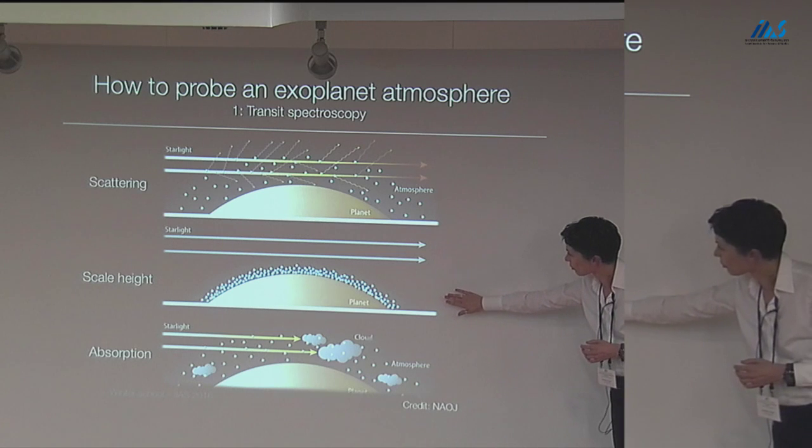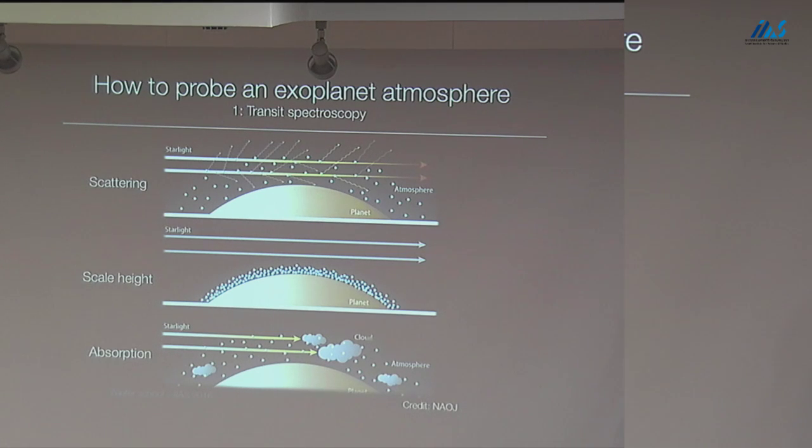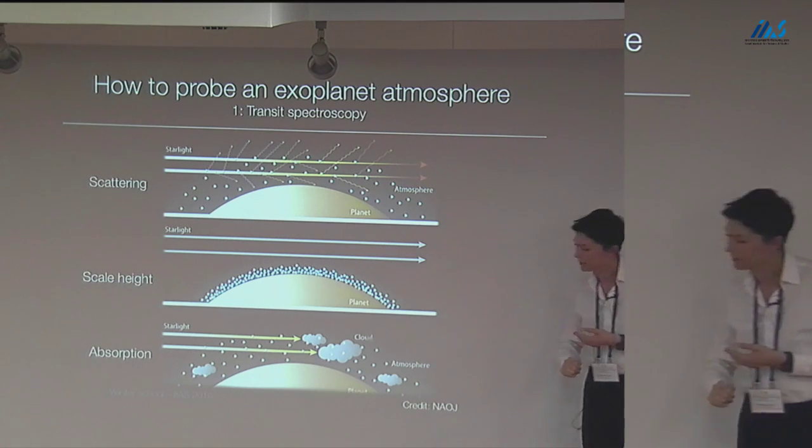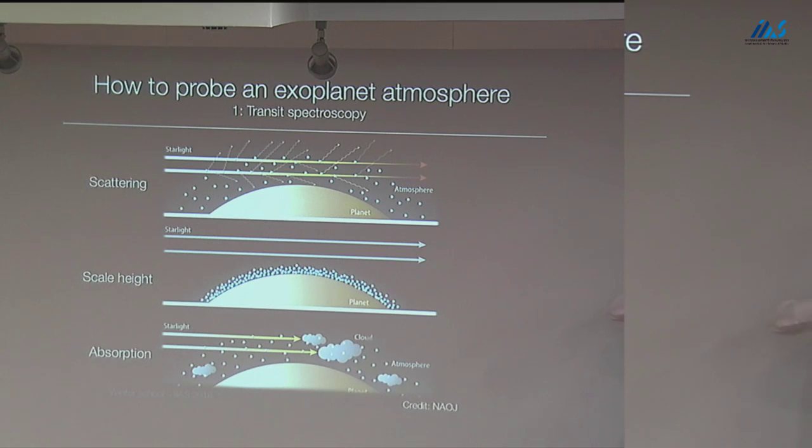We can also probe the scale height of the atmosphere, meaning how compact it is. If the scale height is small and the atmosphere is particularly compact, the photons will have trouble going through this relatively dense atmosphere.